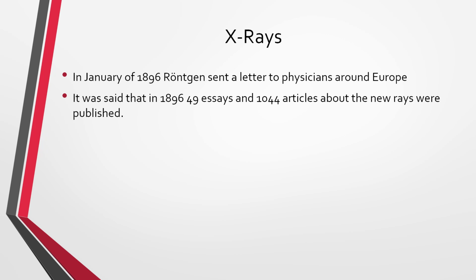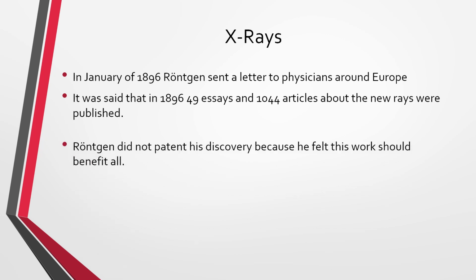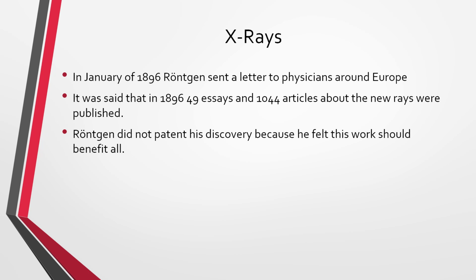So it was discovered in November of the year before, and just in the next year, more than 1,000 articles were written about this new type of ray. Röntgen did not patent his discovery. He felt that the work should benefit all. In 1901, he was the first Nobel Prize winner in physics.